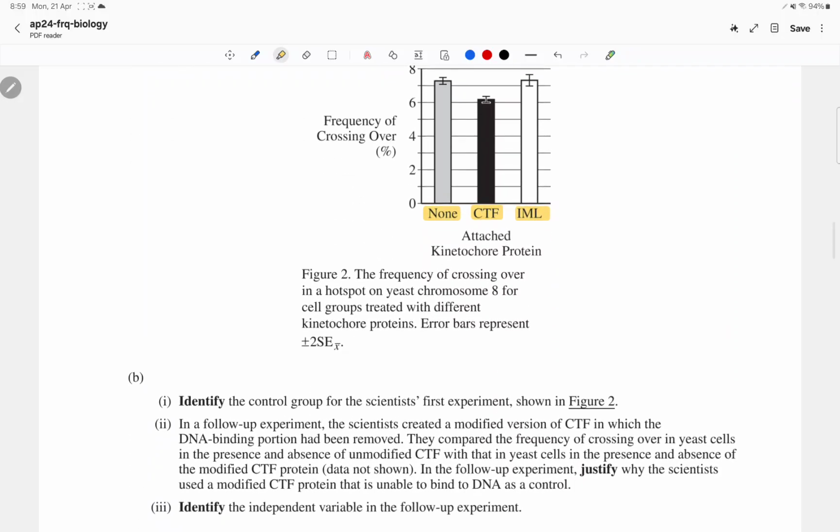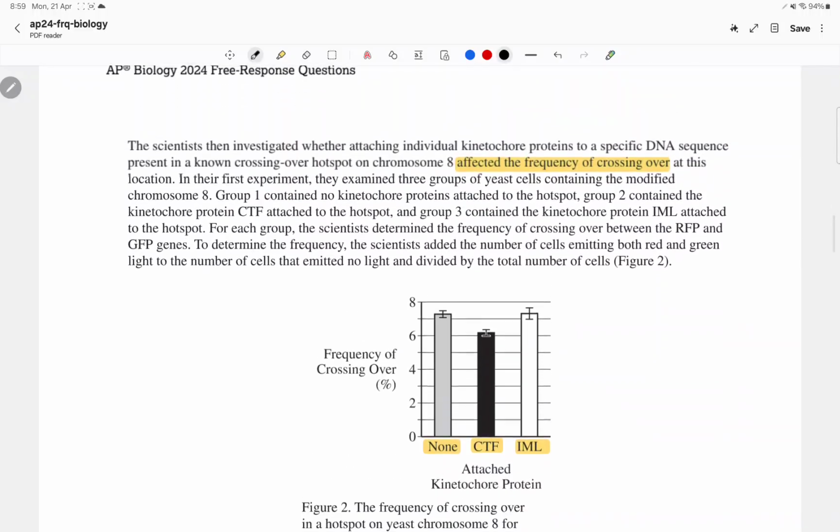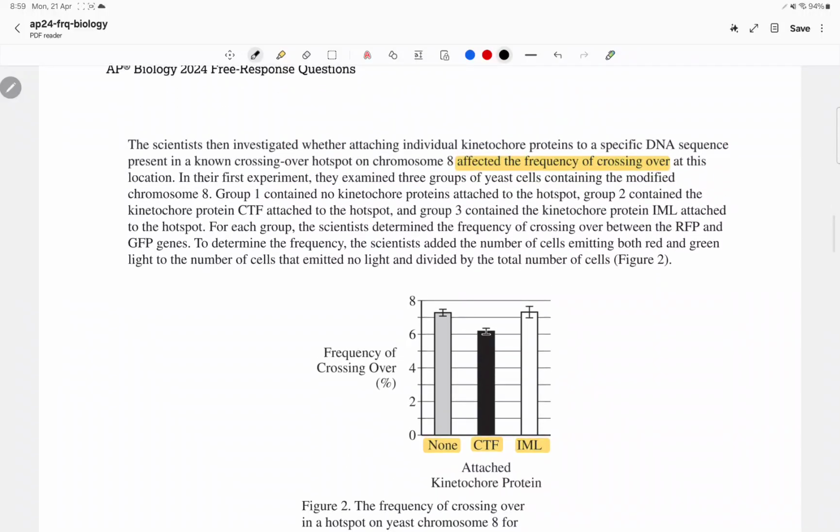Okay. B I, identify the control group for the scientist's first experiment. A control group is something that is, let's say, missing the experimental part, right? So right now we're checking the effect of individual kinetochore proteins being added. And so, for example, CTF is a kinetochore protein. That's not a control group. IML is a kinetochore protein.